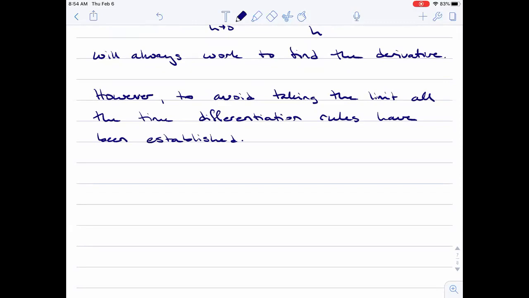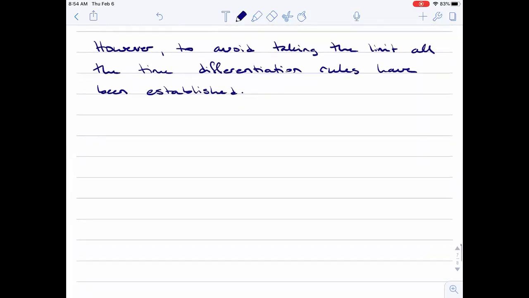Okay, so we can start with a constant function. Let f of x equal c, a constant function.